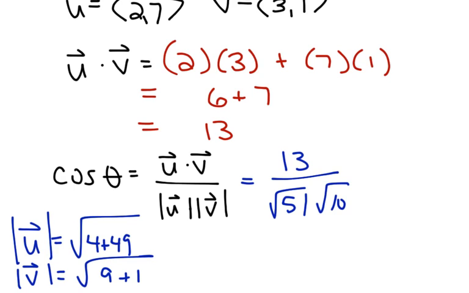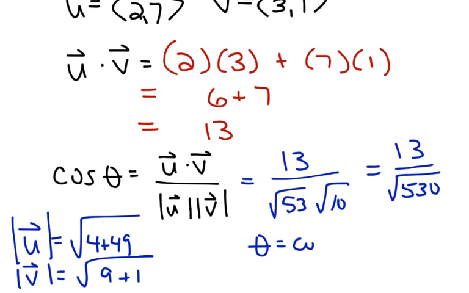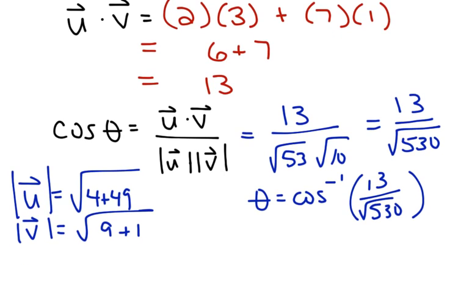So that's the square root of 10. So you can multiply these together if you want. If you want to write this as 13 over the square root of 530, that may make you feel better. Because now you're going to do the inverse cosine of 13 divided by the square root of 530. Just be careful how you plug it into the calculator, and you should find out that the answer is approximately 55.6 degrees.